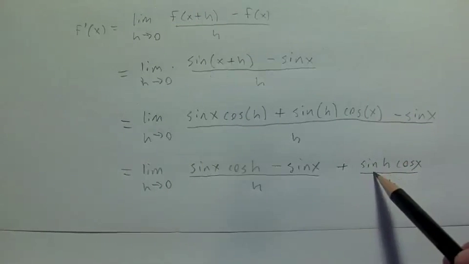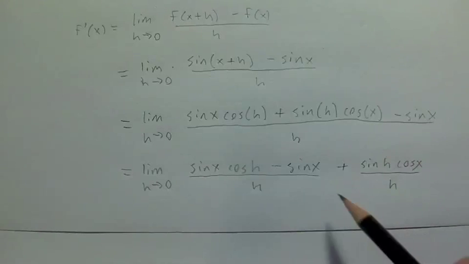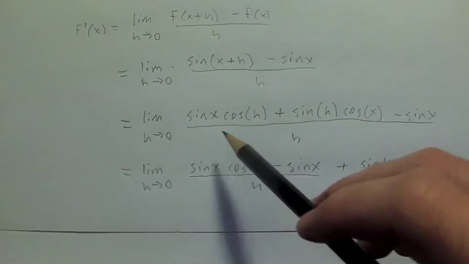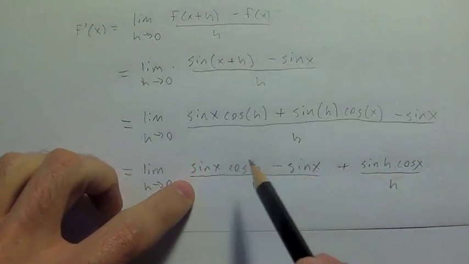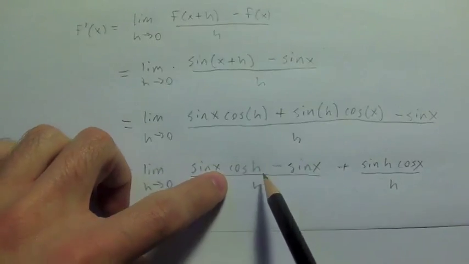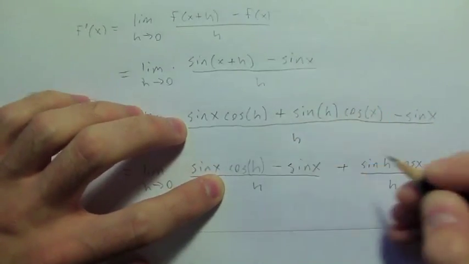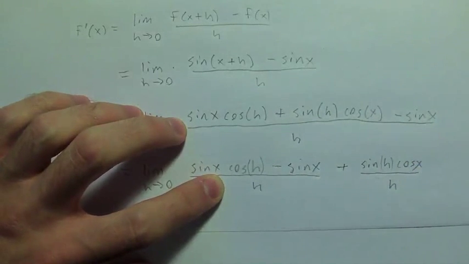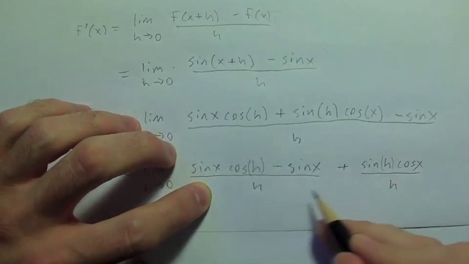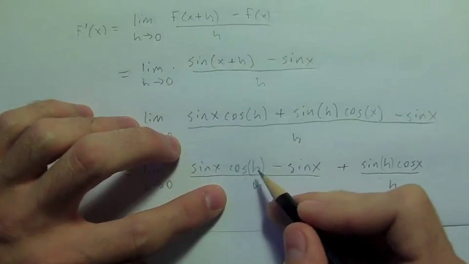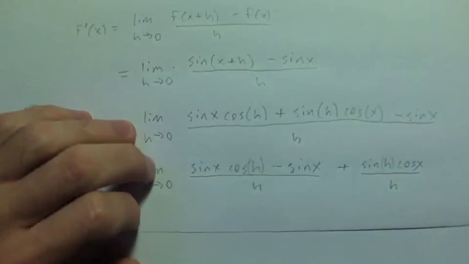Here is sine h over h as h goes to 0. This is eventually going to go to 1. And then, well, we almost have that other limit, right? If I factor out a sine x in this piece, I'd have cosine h minus 1. And I should be careful about that, because that's not hyperbolic cosine, for those of you who know what that is. I'll have the cosine h minus 1 all over h as h goes to 0, which is our other special limit.